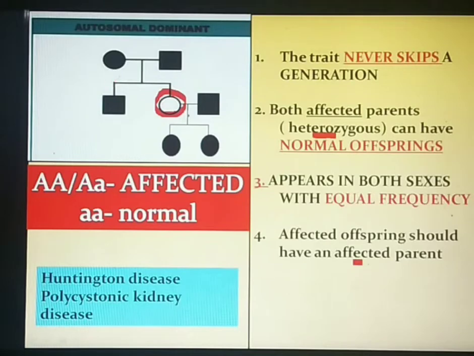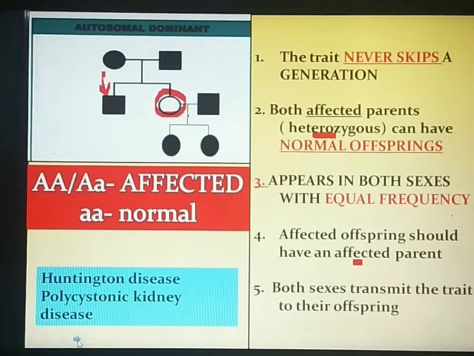We have seen here, if parents are affected, then affected offspring can be seen. And the last one is that both sexes, male as well as female, transmit this particular trait. Such diseases can be transmitted by either the male or the female.